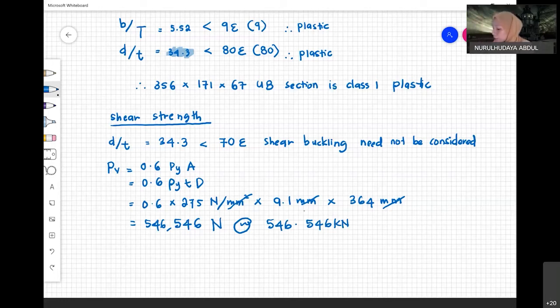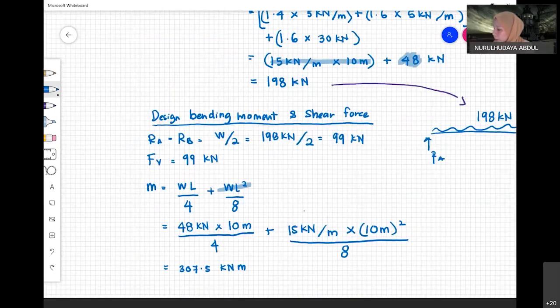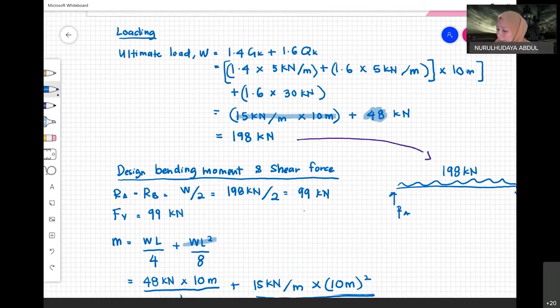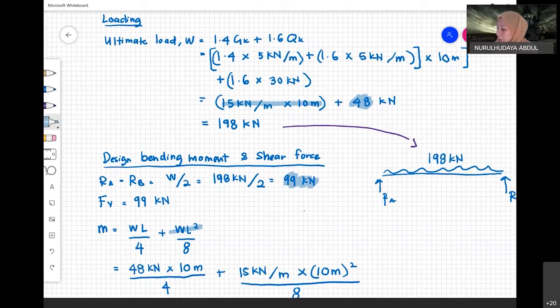So kita akan compare dengan FV. Okay, so FV kita ada calculate daripada, ada kat atas lah FV ni, maksudnya shear force dari loading, shear force from the load is actually 99. Maximum shear force you lah. I tak lukis SFD BMD. Kalau you lukis SFD BMD, you cuba try lah.